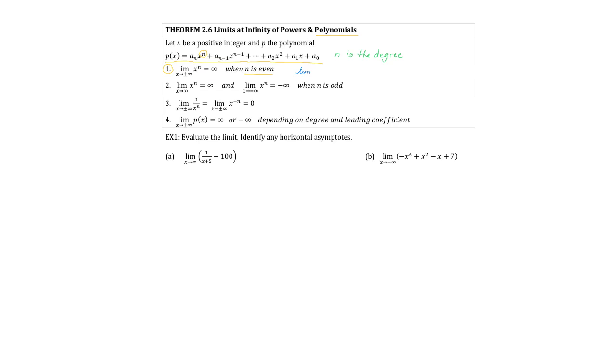So for example, if we have x squared plus x minus 1. Now x to the n is the leading term, so we're kind of ignoring the x and the 1. So as we go to negative or positive infinity, this will be equal to positive infinity.